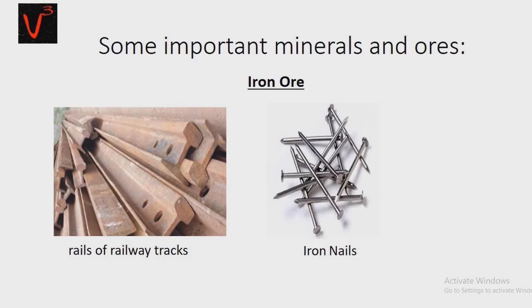Let us see some important minerals and their ores. Iron ore. Iron occurring in the impure state is called iron ore. Iron ore is used to make a variety of articles from pins to heavy machinery, for example, rails of railway tracks, etc.